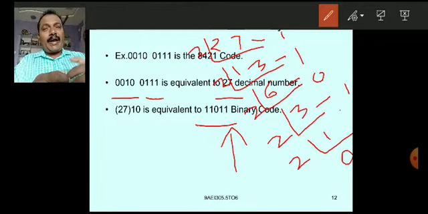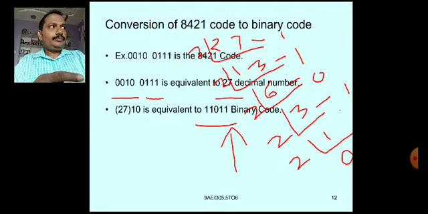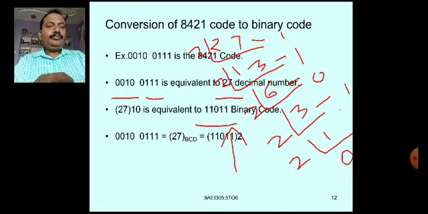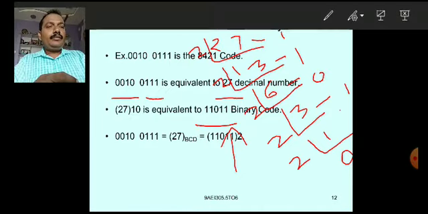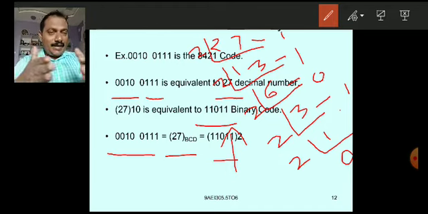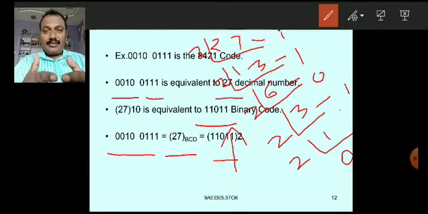Take all the remainders from bottom to top and write them down, and finally you will get the binary code. That means this is the BCD code, this is the decimal number, and finally you have the binary number. So the binary number size is compact and the BCD size is large.